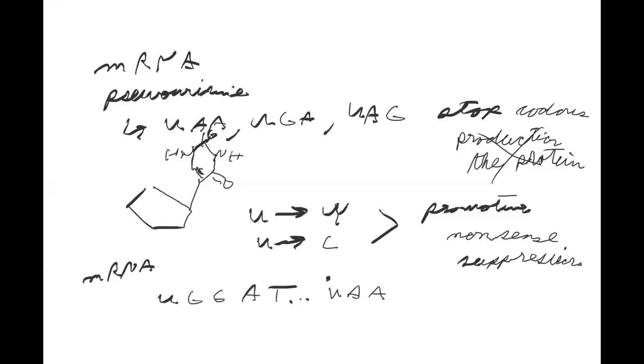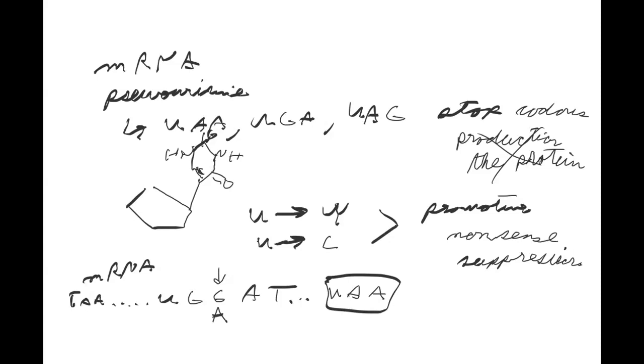So the stop codon is downstream. But let's say you had a mutation at this position here. Let's say this position actually mutated and turned into an A. Well, you would have UGA, right?